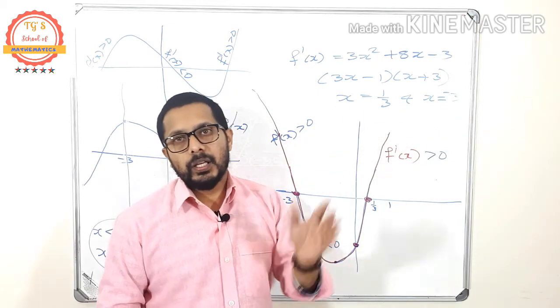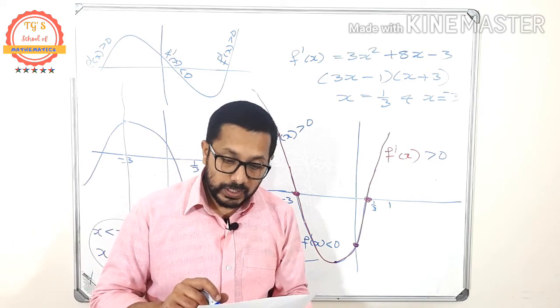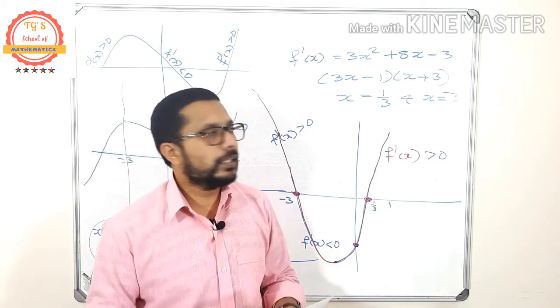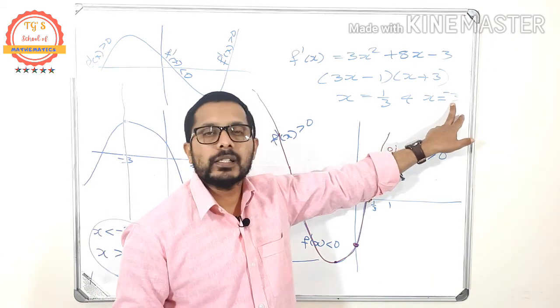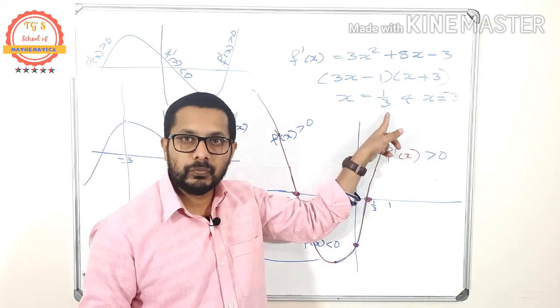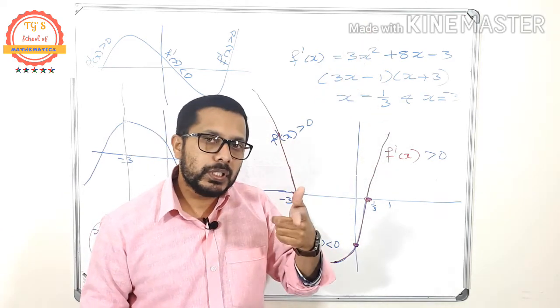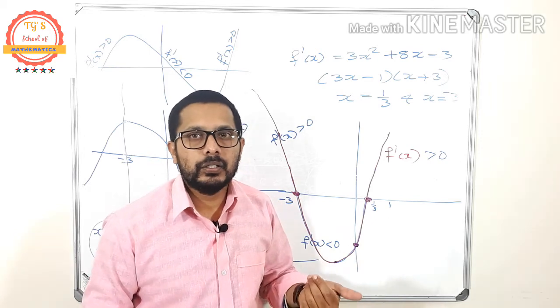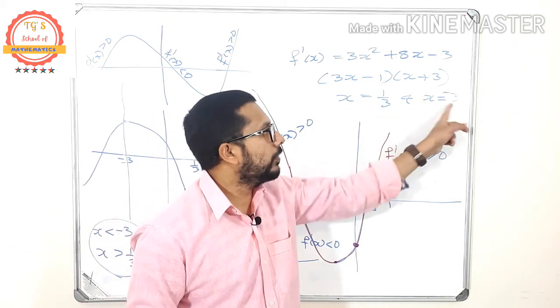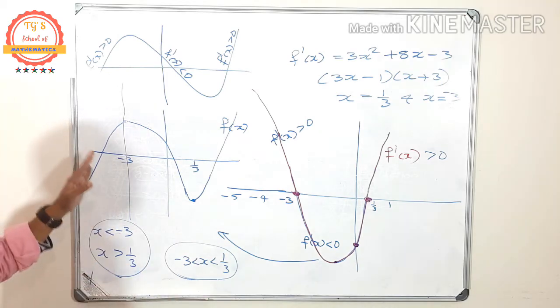F is strictly increasing means that you have to write x less than minus 3 and x greater than 1 over 3. And if the question is f is decreasing, you have to write the values in between these. So it's easy like that.